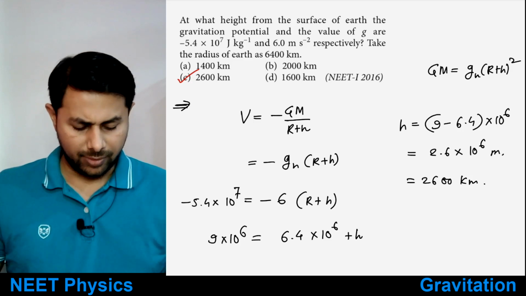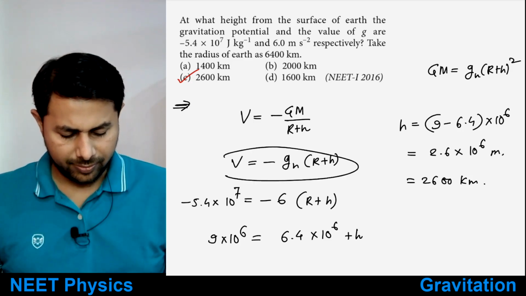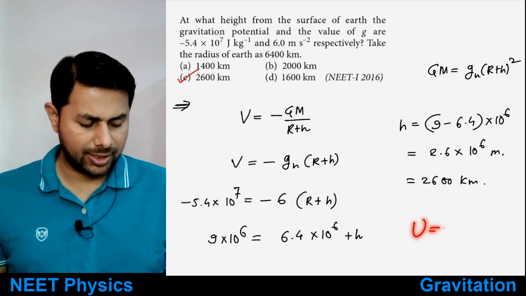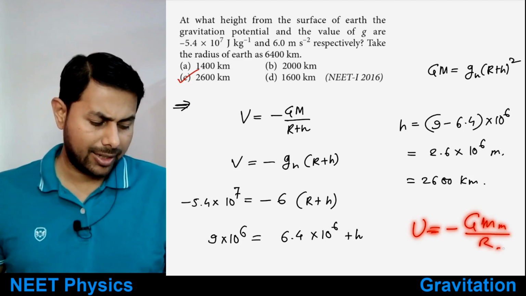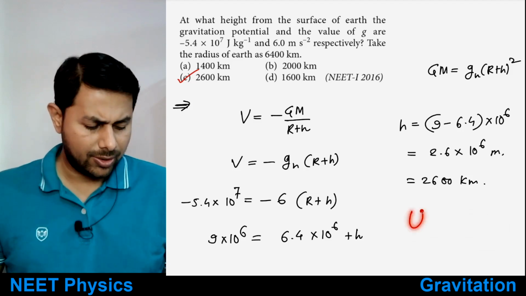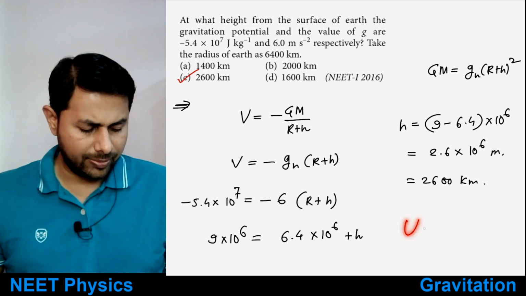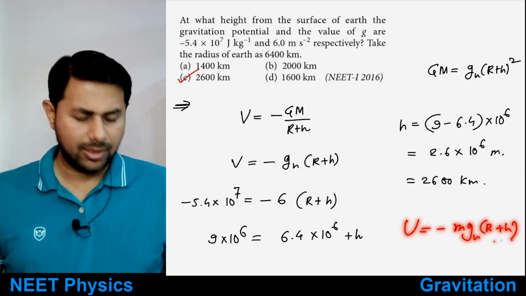Right, good. Now see, you could directly write down this formula, because we have studied potential energy. Potential energy is equal to minus GMm divided by r, where small r is capital R plus H, which equals minus m g_h multiplied by (R plus H). And what is V?